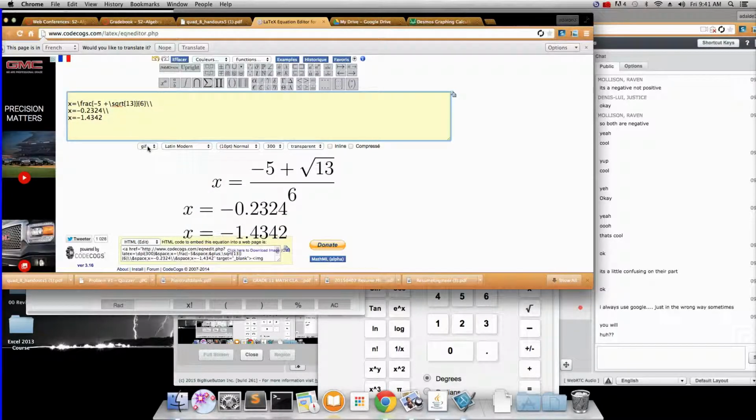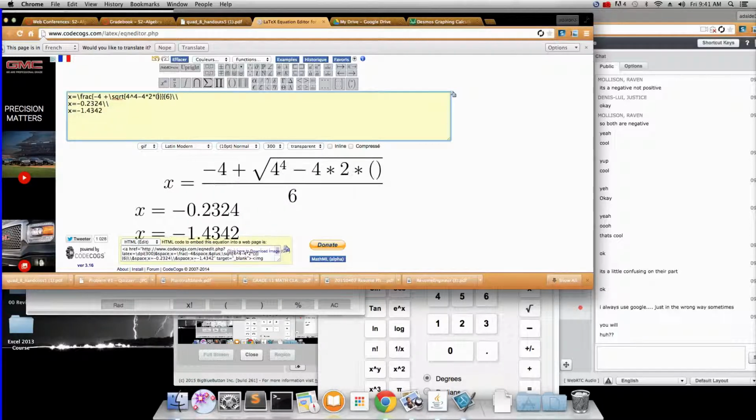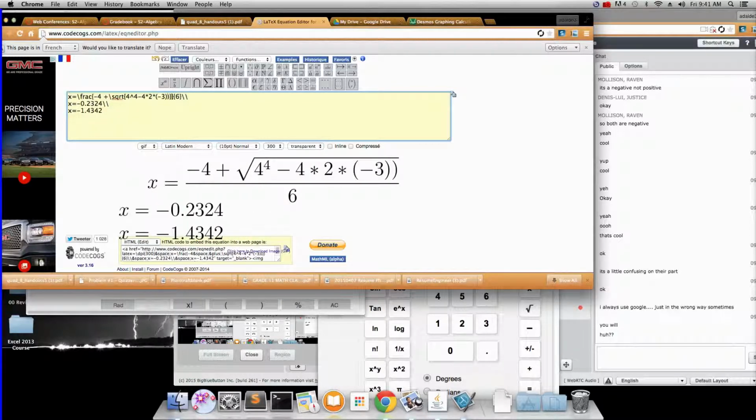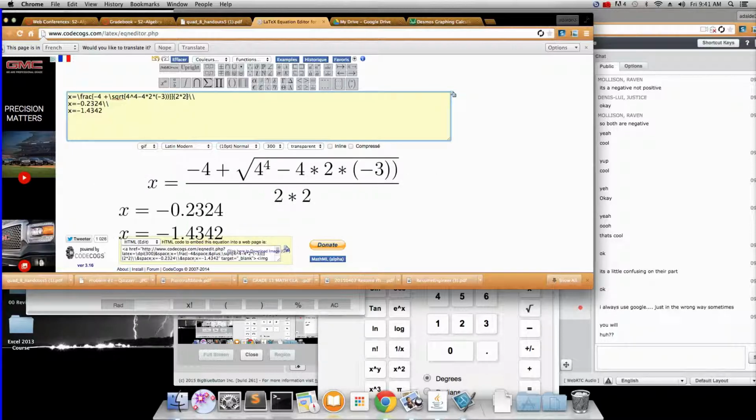Essentially, here's what's going on. I think I have an extra parentheses in there. There we go. Get rid of that.